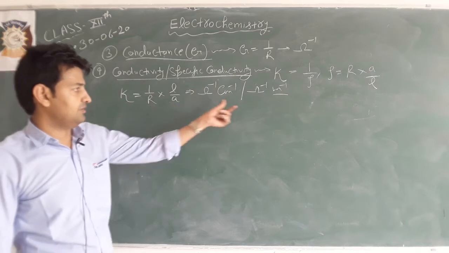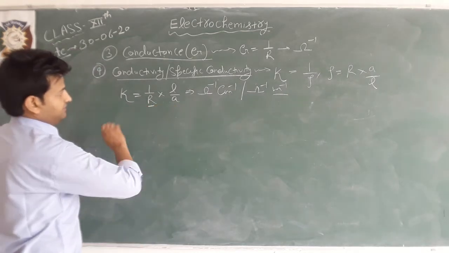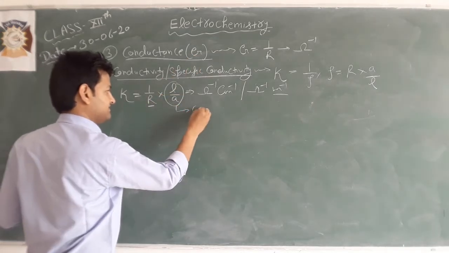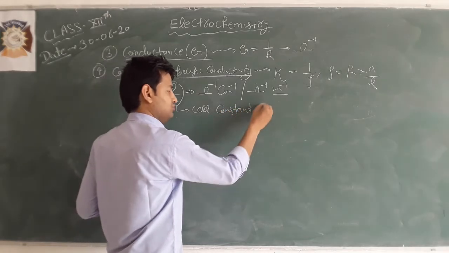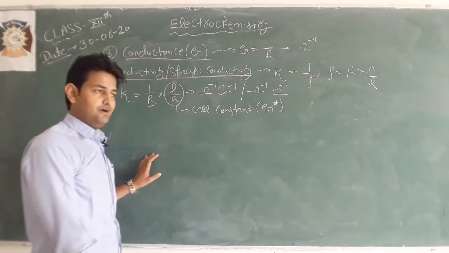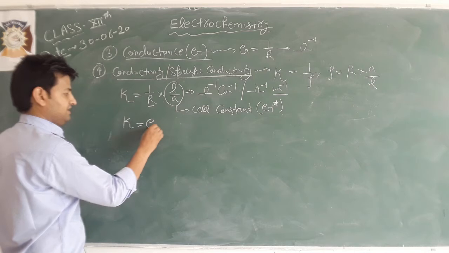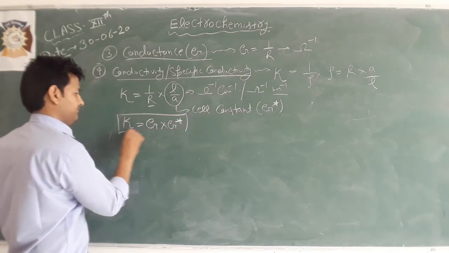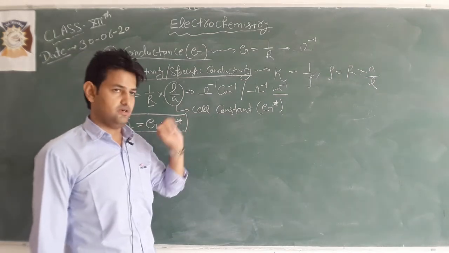Here 1 over R is G. L by A is also called cell constant. It can also be represented by G star. So we can also write kappa is equal to G into G star. This is also a symbolic representation.